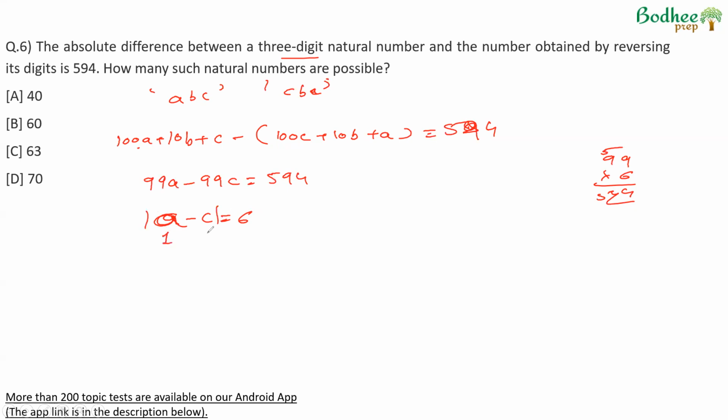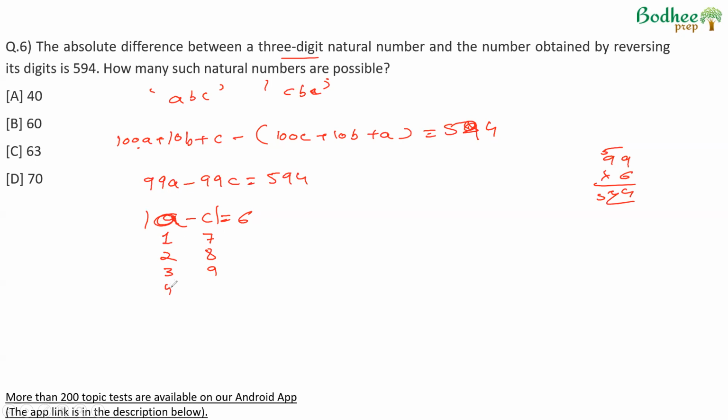So if A is 1, C could be 7. If A is 2, C could be 8. If A is 3, C could be 9. If A is 4, we cannot have any value of C, because C will either be minus 2 or 10, which is not possible. Similarly with 5 there is a problem.